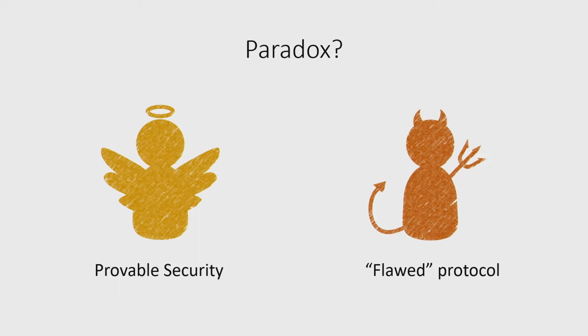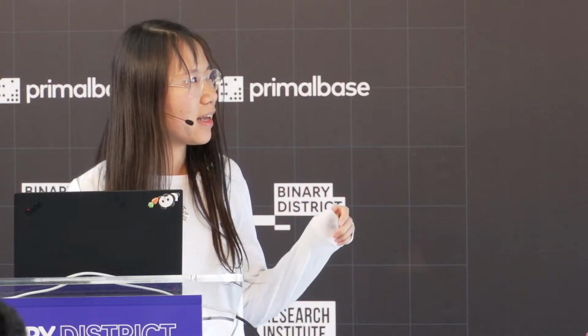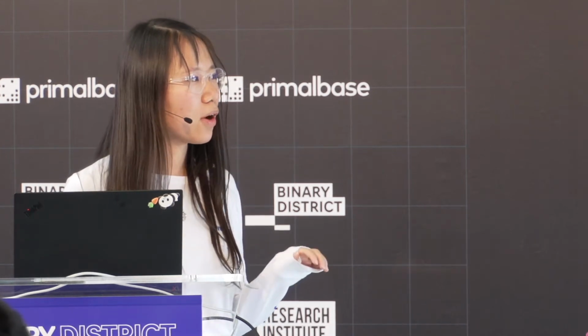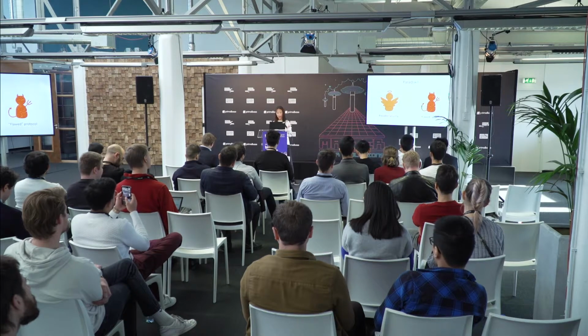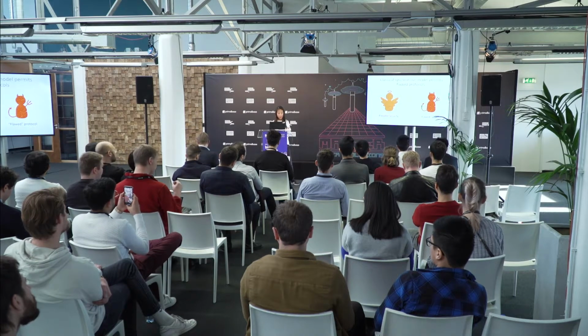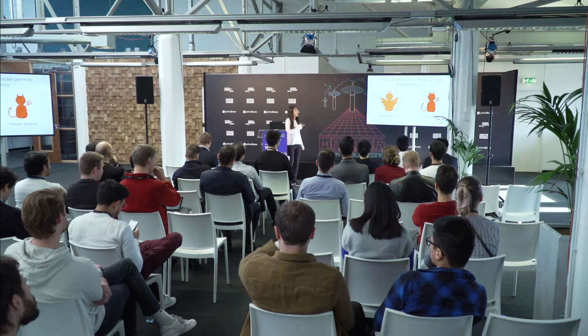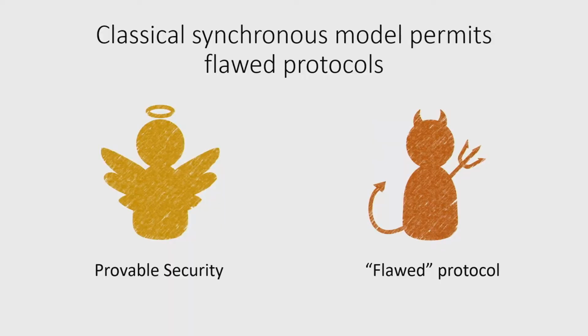By thinking deeply about this question, it turns out that actually the proof is not wrong. And the protocol is also allowed to have this undesired behavior. This is actually inherently allowed by the classical synchrony model. So what do we mean by a synchronous model?